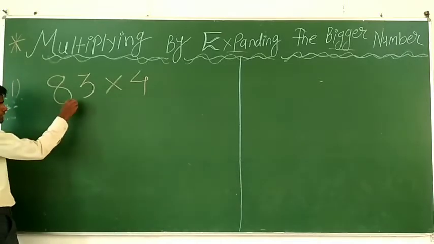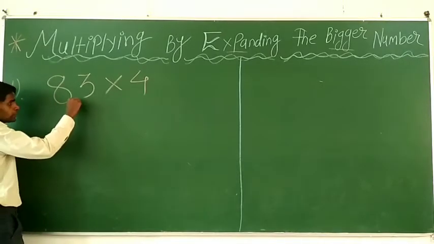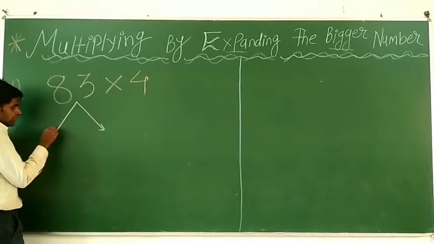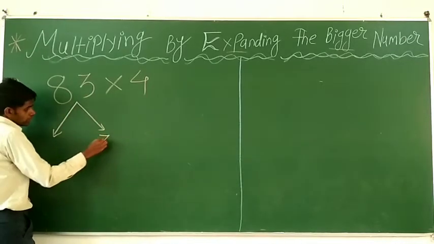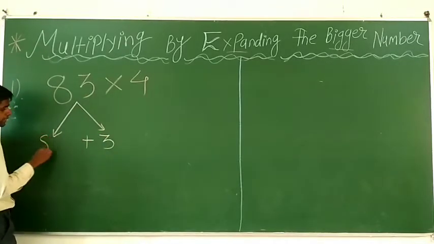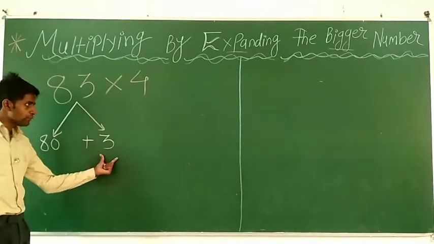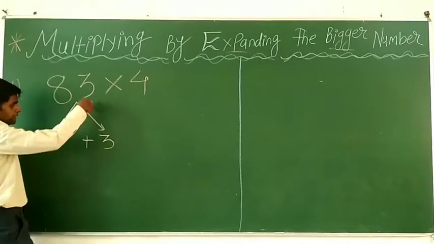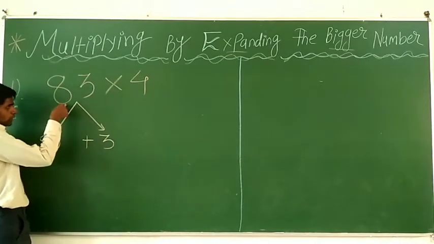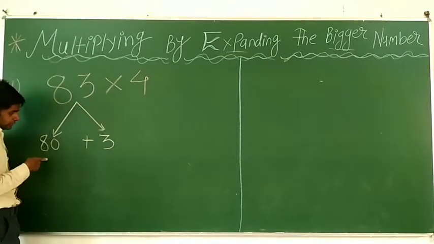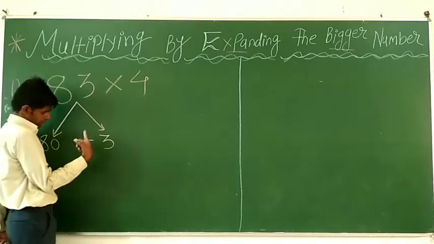So we will expand the 83 into 2 parts. Okay. This is 3 plus 80. Yes, 80 plus 3 is the expanded form of 83. The place value of 3 is 3 and the place value of this 8 is 80. So that is 80 plus 3.